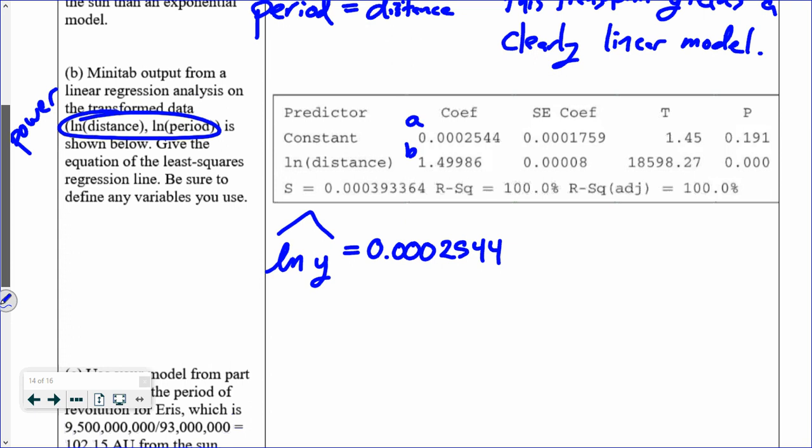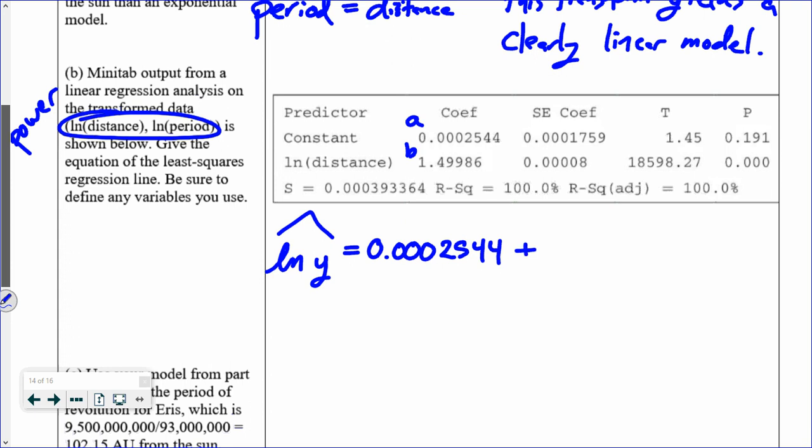sun and orbital period. Well, think about how we interpret a y-intercept. That's the value of y when x is 0, or that is the value of the orbital period, or the predicted orbital period, when the distance from the sun is 0. Well, if you're at the sun, doesn't take any time to orbit around the sun because you're at the sun. So it makes sense that constant's real close to 0.